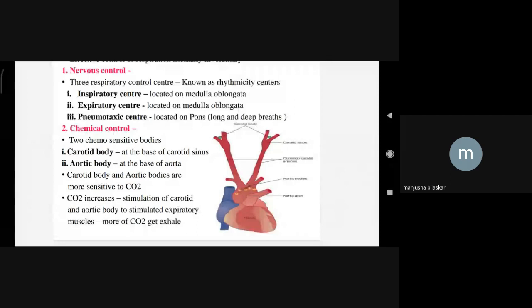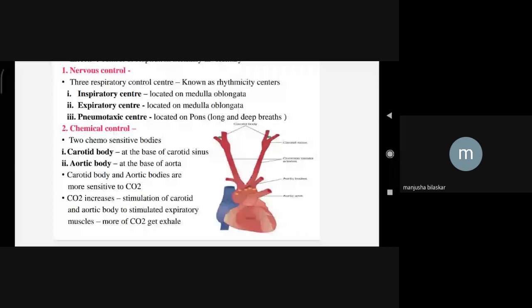Means when CO2 is getting more in our body, these sensitive areas become more sensitive. When CO2 increases, the aortic body stimulates the expiratory muscles.